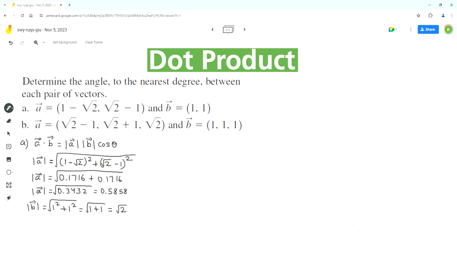Now we can sub in the given vectors and the magnitudes in the dot product equation. On the left side, we can do the dot product, so we multiply the x components and y components.